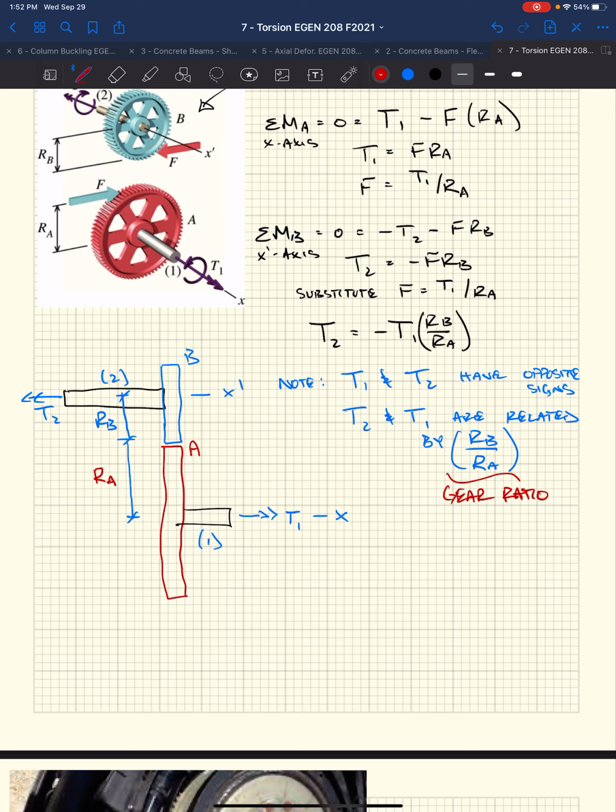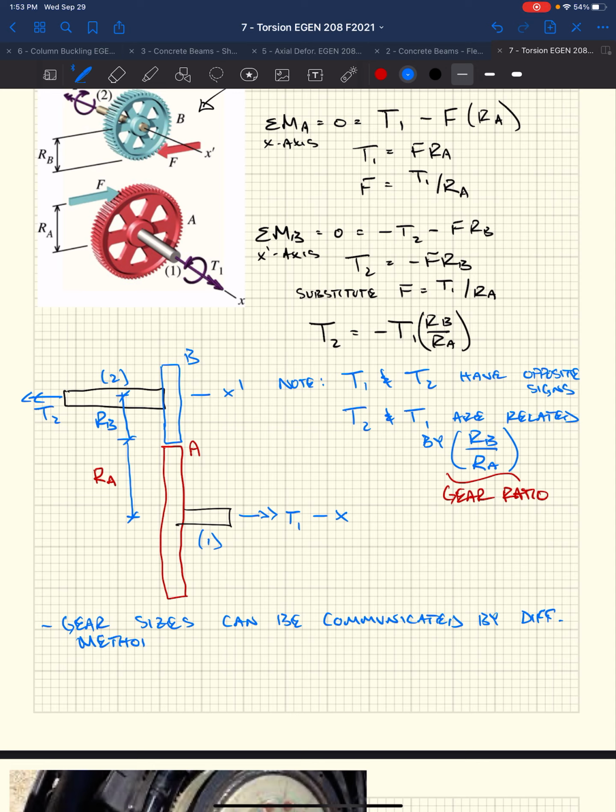So if you're given one torque, you know what the gear sizing is, you can figure out the torque on the other end. Right? A lot of times this can be given in a number of different ways. So gear sizes can be communicated by different methods.